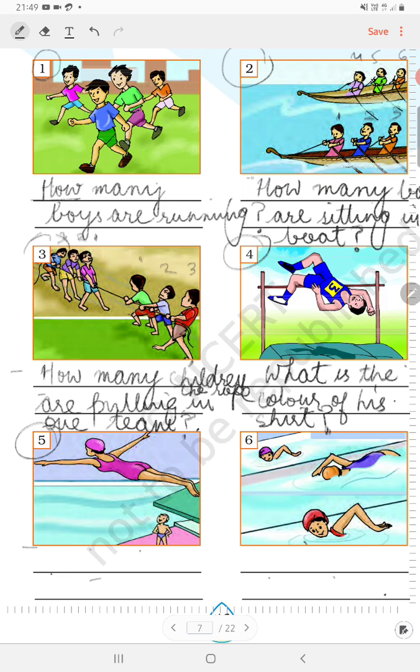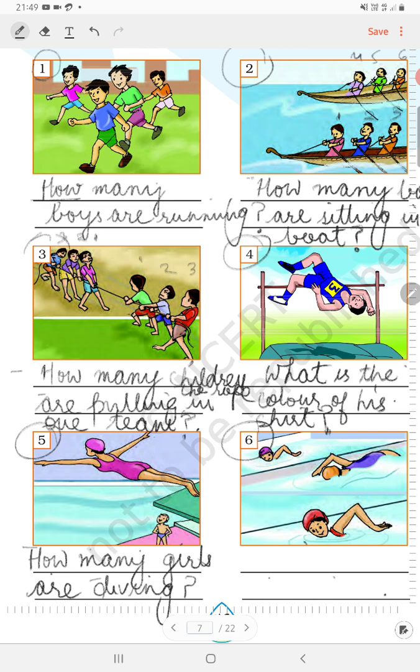Fifth, here if you use how many girls are diving. Okay, here now sixth one.